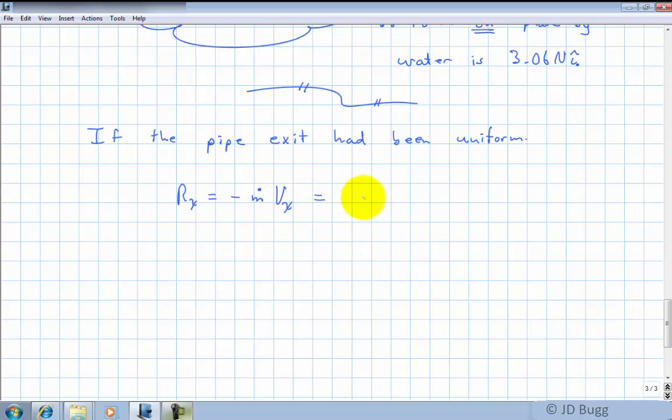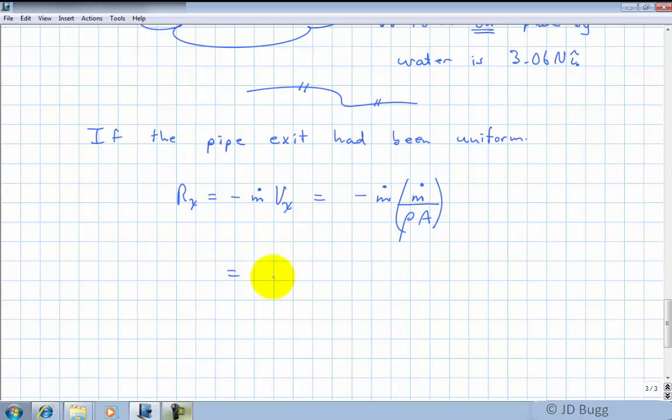And so that would be equal to minus m dot, which we have, and the x component of velocity would be the mass flow rate divided by the density and the area of the inlet. So remember, mass flow rate is density times velocity times area. So that velocity would have to be mass flow rate divided by density and area. And it would be just a uniform value. So this we can evaluate.